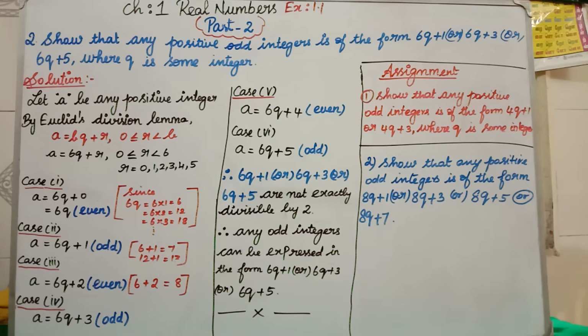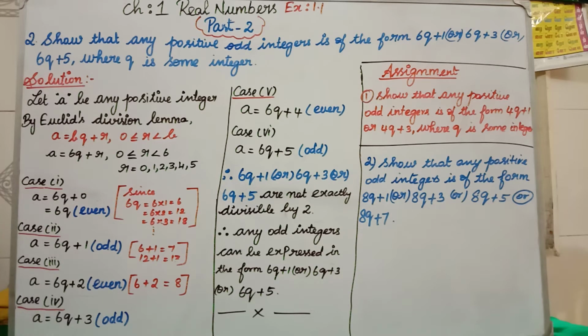You are multiplying 6, an even number, with an odd number, and finally our answer is an even number. If you see the 6 table itself: 6 1s are 6, 6 2s are 12, 6 3s are 18, 6 4s are 24, 6 5s are 30, like that it will come. So when you multiply even with odd, we get an even number. So 6q is fully even. Clear, all of you?